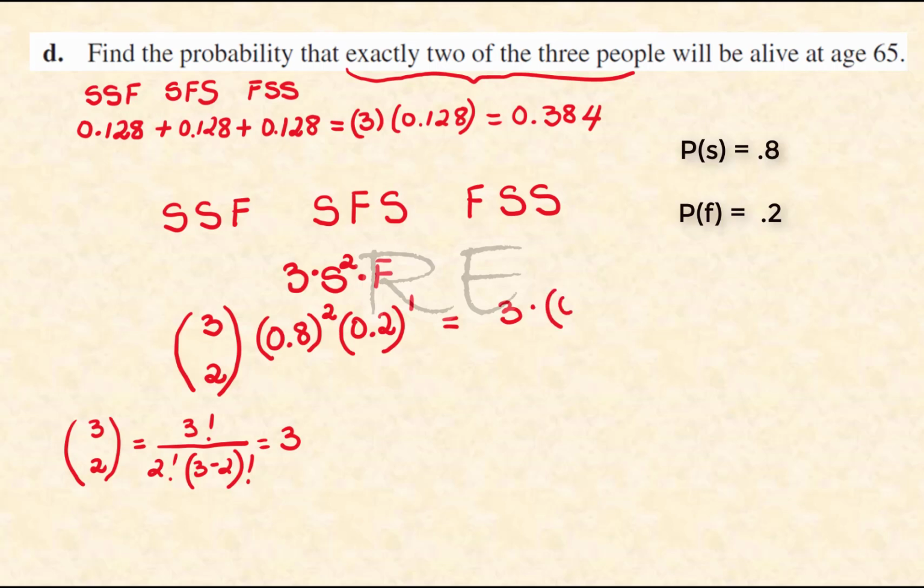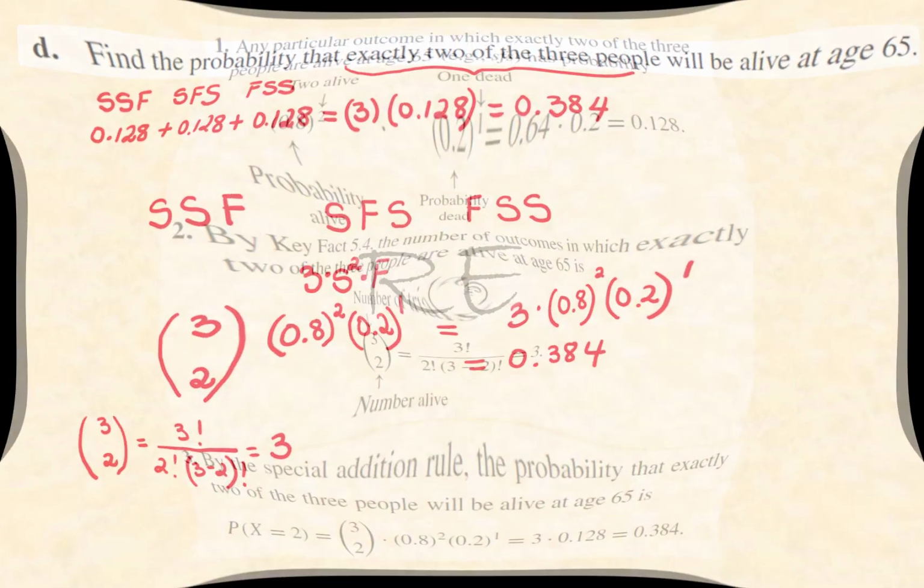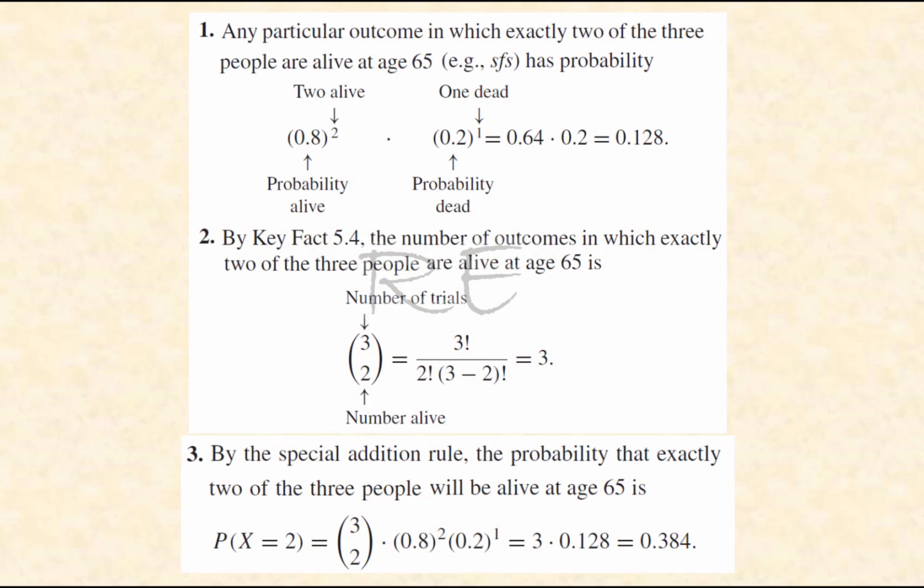Now, times 0.8 squared times 0.2. The answer is 0.384. Here's the way your book solved it.